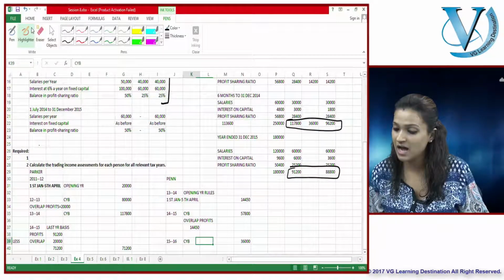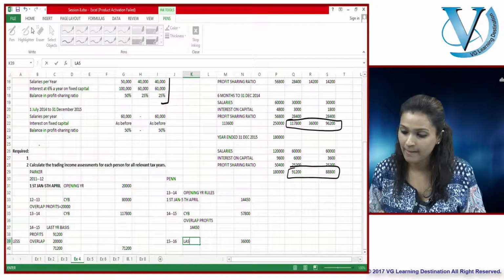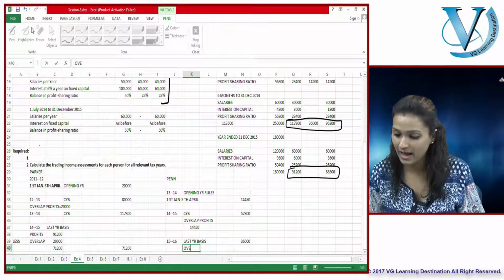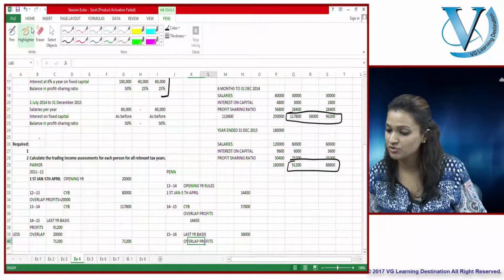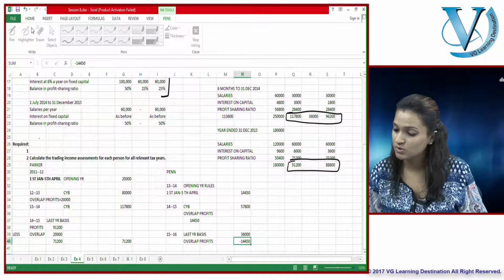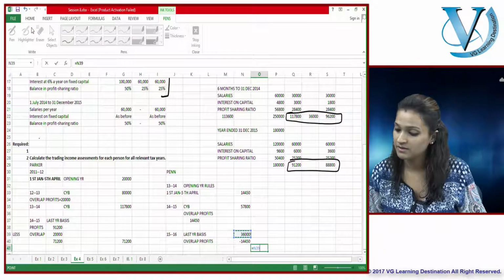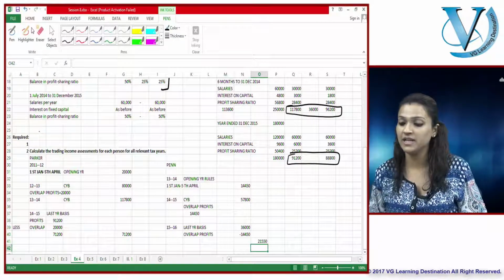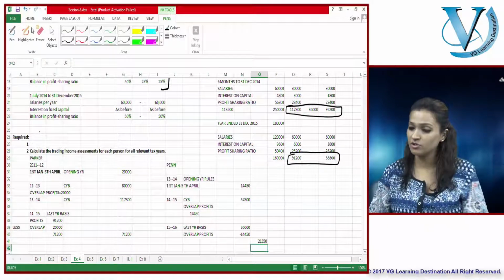Because this partner is now retired, you reduce the amount of overlap profits, which comes out to 21,550 that now gets taxed in the last year of Pen.